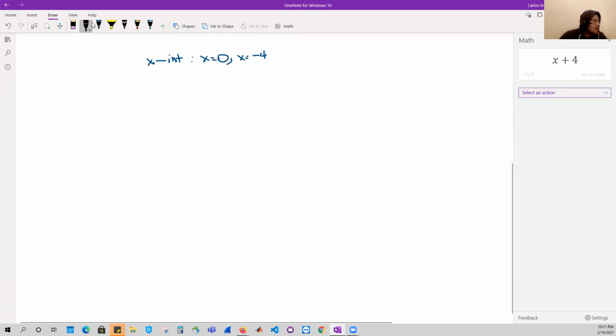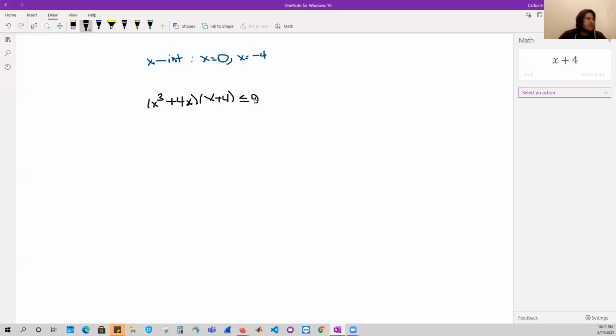Let's see. We need to solve an inequality. This inequality is x cubed plus 4x, multiplied by x plus 4, less than or equal to 0.